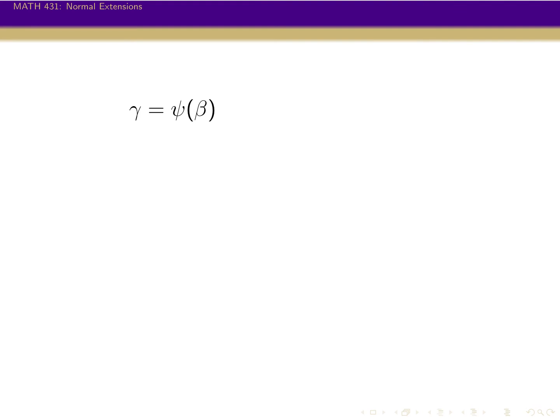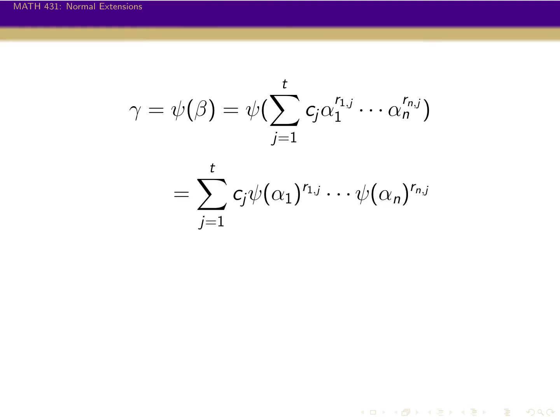So we have that gamma is equal to psi of beta. And beta, we just saw, is a linear combination of these monomials in alpha 1 through alpha n. Now psi is a field automorphism, and so it's a homomorphism, and so we can distribute this psi, and psi is going to fix all of the c_j's, because these are in k.